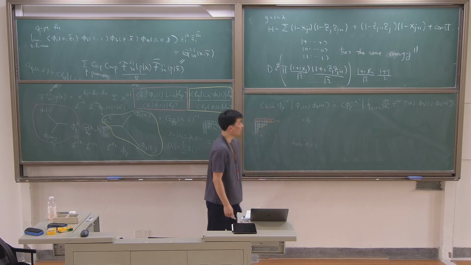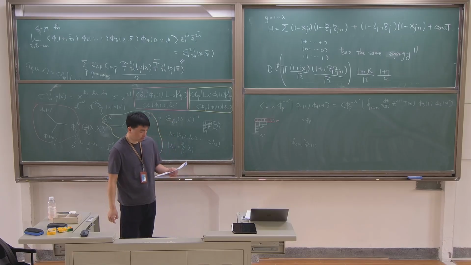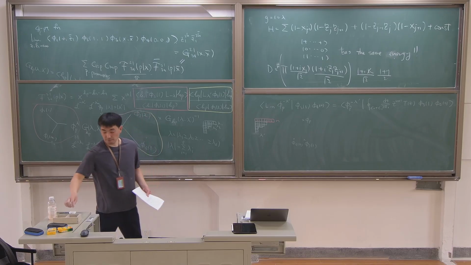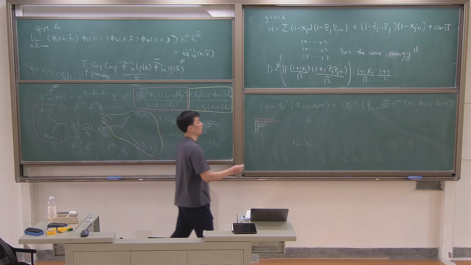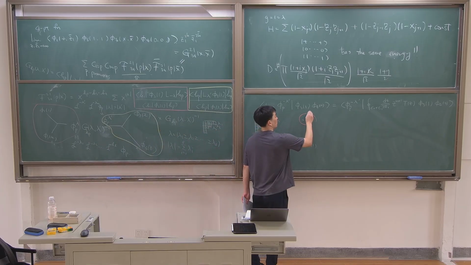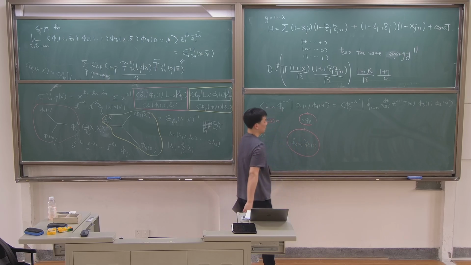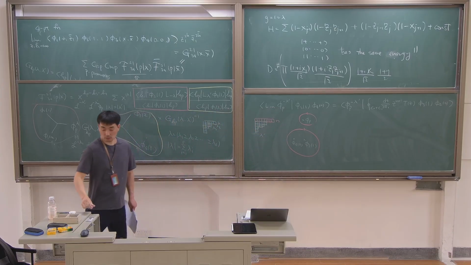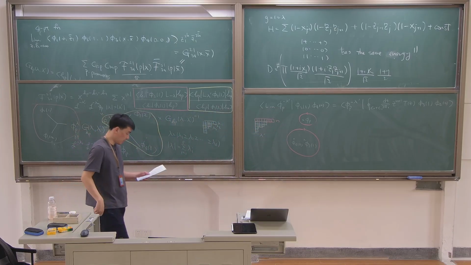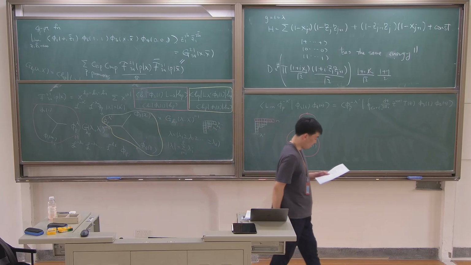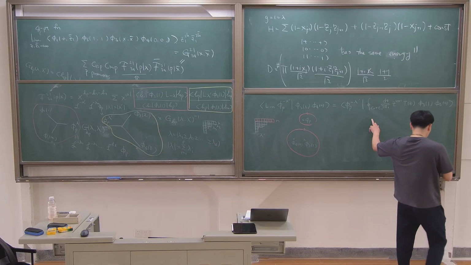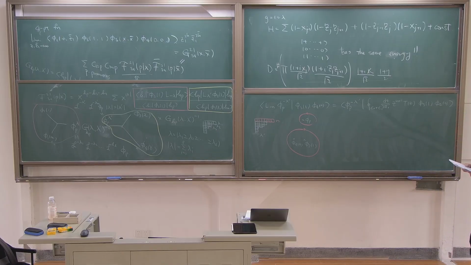Then we do the contour integral at infinity of this one, but that is equivalent to deforming the contour like this way. And then you have to be careful about the contour that you take.